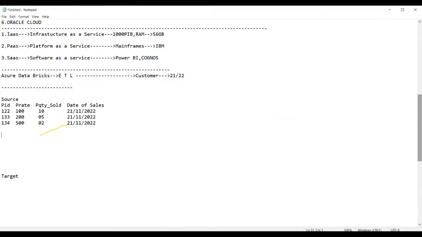The 21st data is already recorded. Do we have the 22nd data? No, we will write the 22nd data.